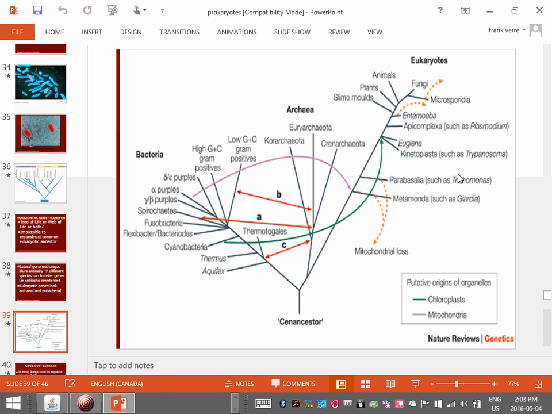Wait, sorry, you're asking me if the eukaryotes can swap DNA? Yeah. Okay, I would imagine there are probably some eukaryotes that can, but most can't. Most can't. Okay? But bacteria definitely can.